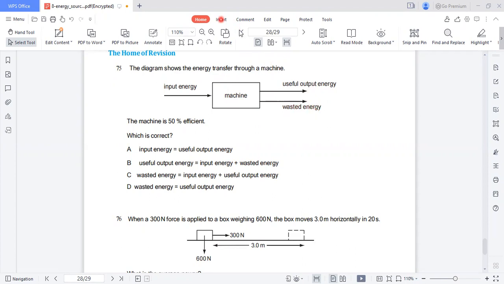It means both the wasted amount and the useful amount are 50%. So both are 50-50, meaning both are equal. And we know that in the previous question, our answer was this one. Wasted energy and useful output energy are equal.